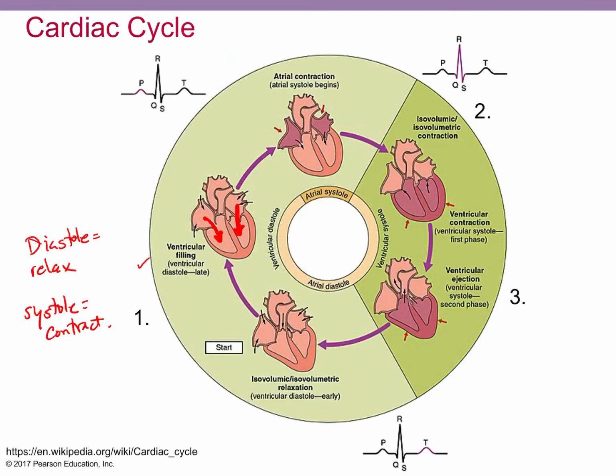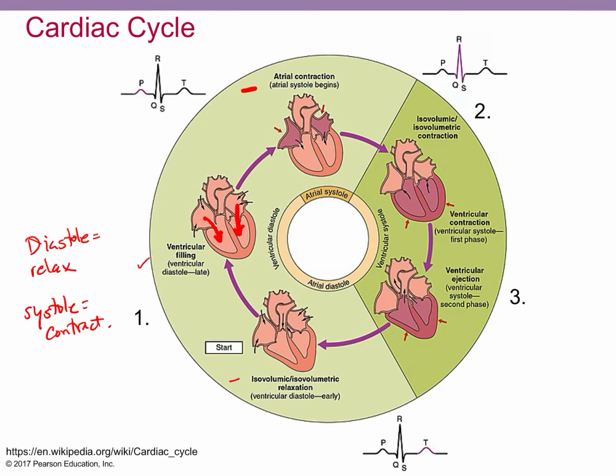So looking at this, to wrap it up, actually, let's start at the beginning. This is isovolumetric relaxation. Nothing's moving anywhere. Our valves are closed. Then we have our filling, so we have both atrial diastole and ventricular diastole, filling with blood.